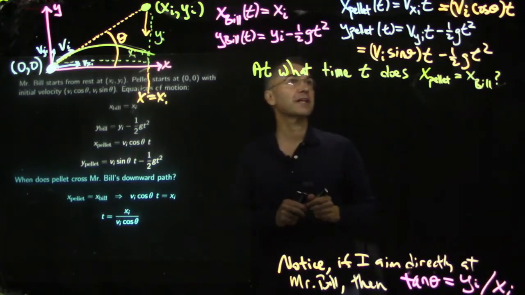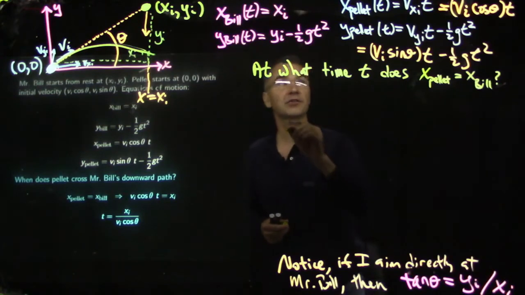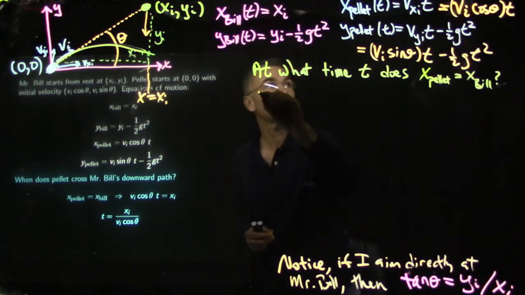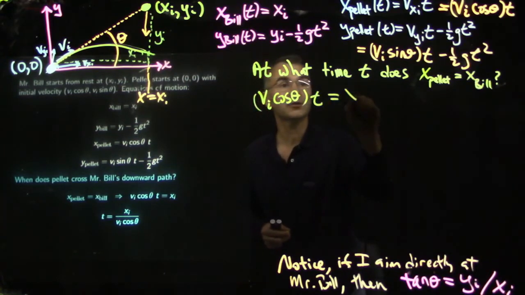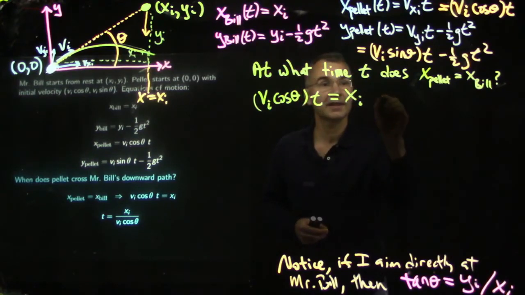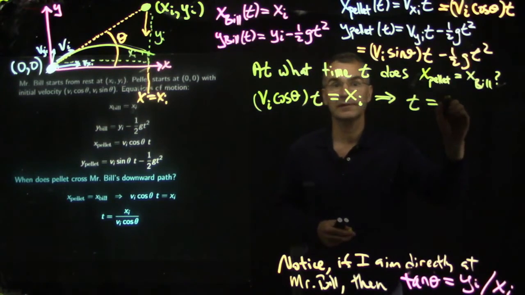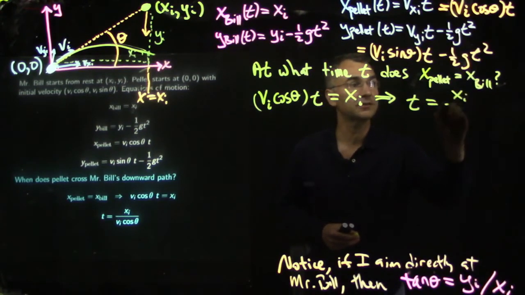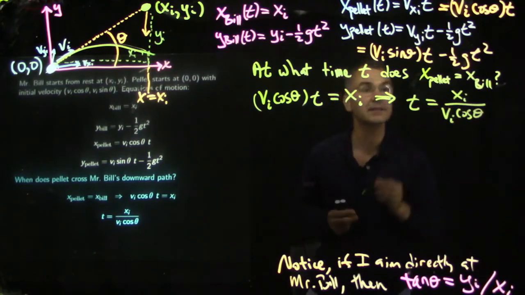So we can just write that down. Say our expression for x pellet equals our expression for x bill. So we'll say V initial cosine theta times T equals X initial of Mr. Bill. And that gives us T equals X initial divided by V initial cosine theta.